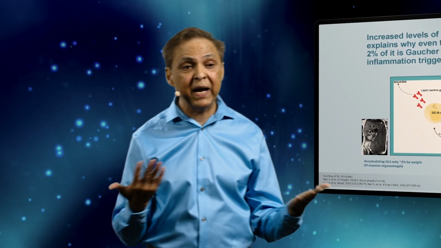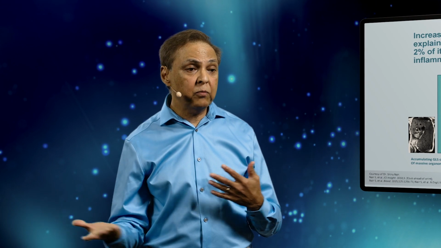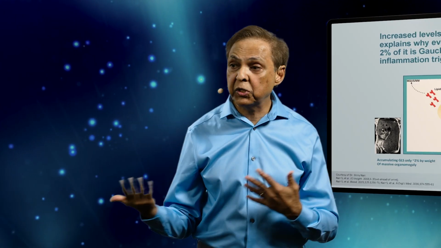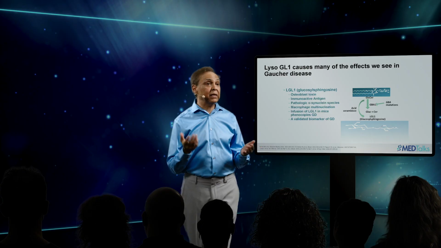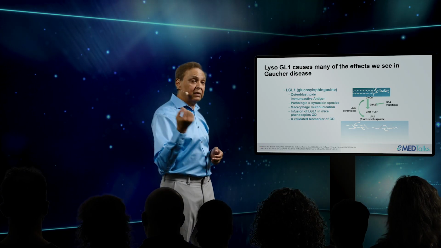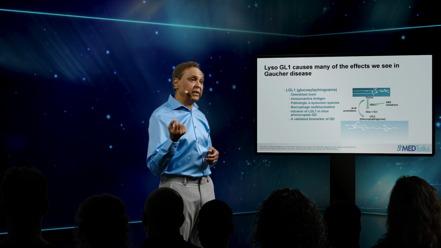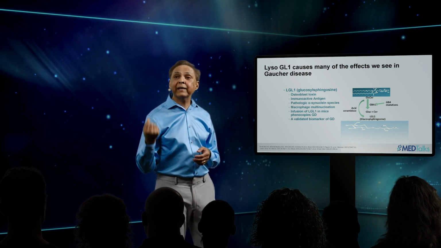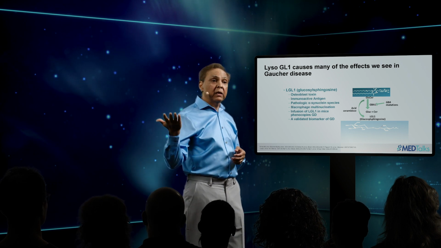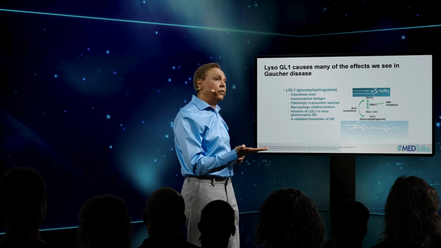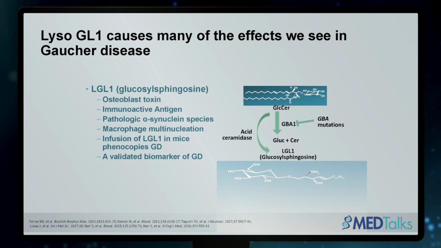And we generally think about antigens in the form of infections, viruses or bacteria when people have pneumonia. It turns out that this Lyso-Gyl1, this chemical substance that builds up in Gaucher disease, acts like an antigen. And so it stimulates a particular type of immune cells called T lymphocytes.